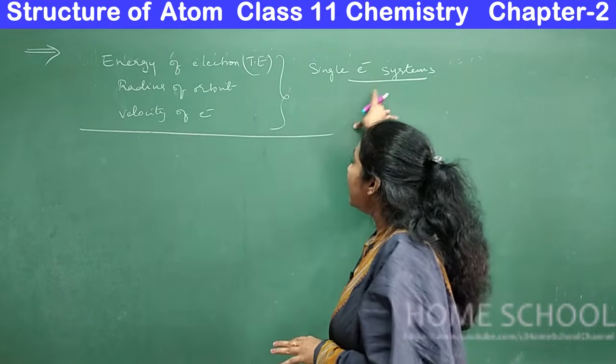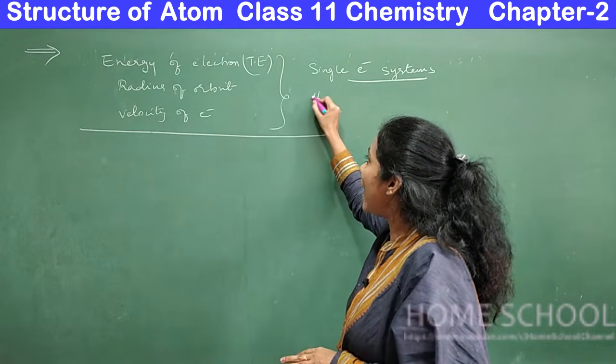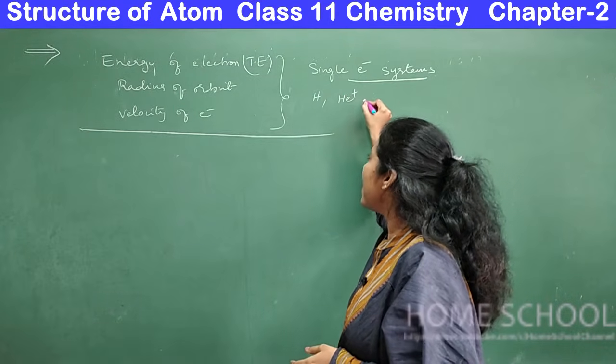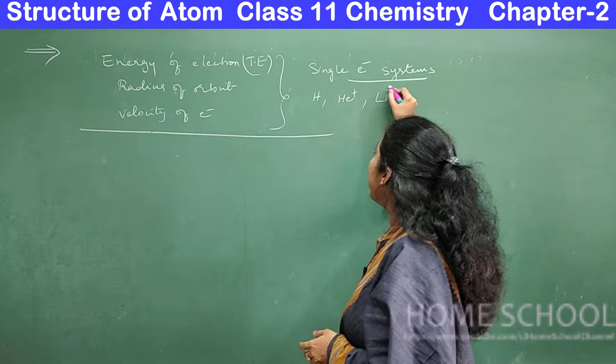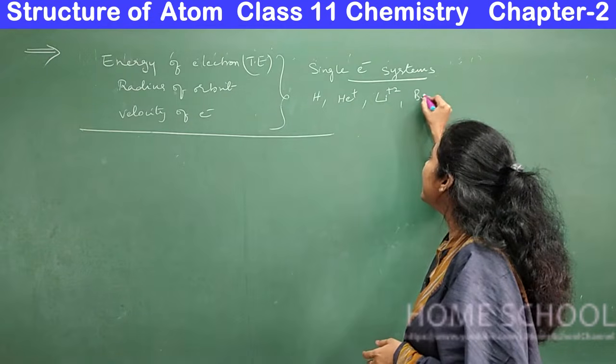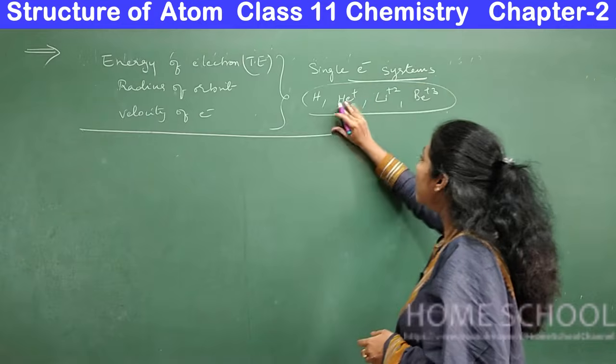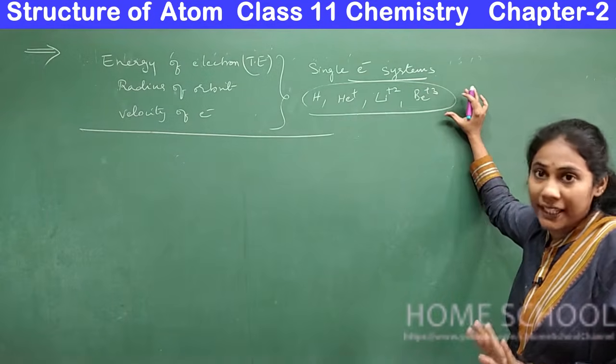So which are the single electron species? Hydrogen atom, and then helium plus ion, lithium plus 2 ion, beryllium plus 3 ion. So you will have questions based on these particles only.